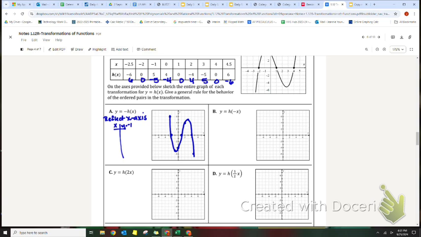All right, B. So let me erase those points that we put in here. B says h of negative x. Well, that just means my x's are going to change signs. So technically, because it says negative 1 times x, we would divide by negative 1, which means it's going to be the same. So this would become positive 2.5, 2, 1, 0, negative 1, negative 2, negative 3, negative 4, and negative 4.5. Okay, and so we can just plot those points.